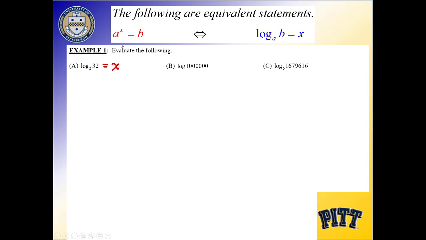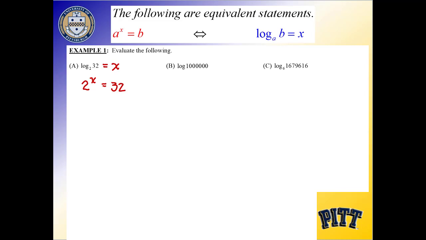So when I turn this into an equivalent exponential statement, the 2 is going to be the base of the exponential, the x is going to be the exponent, and 32 is going to be the value on the right hand side. So now this problem essentially becomes what this logarithm is asking you to find, which is the power of 2 that would give you 32.